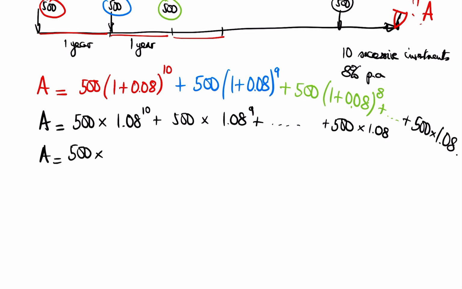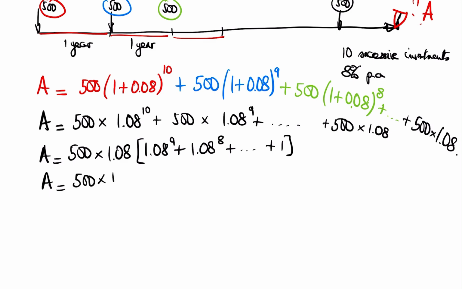It's 500 times 1.08 factor (1.08 to the power of 9 plus 1.08 to the power of 8 plus and so on plus 1), which actually I can rewrite as A equal 500 times 1.08 times (1 plus 1.08 plus 1.08 squared plus and so on, and the last term is 1.08 to the power of 9).